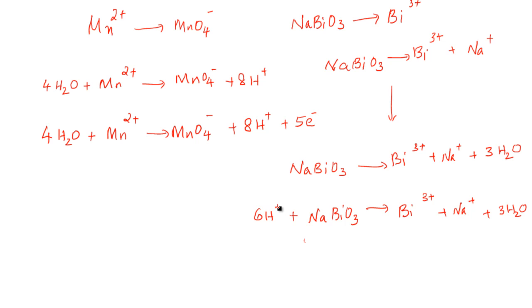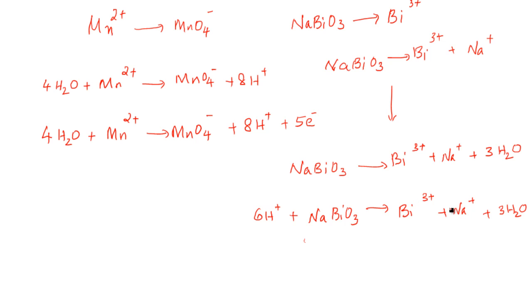Don't miss a thing, guys. Total charge on each side, that's what we are looking for. So here we have 6H+, meaning 6 positive charge. This is neutral, so nothing from there. Here Bi is giving 3 positive and Na is also giving a positive charge, right? So the total charge here is 4+. So we are comparing 6+ and 4+.